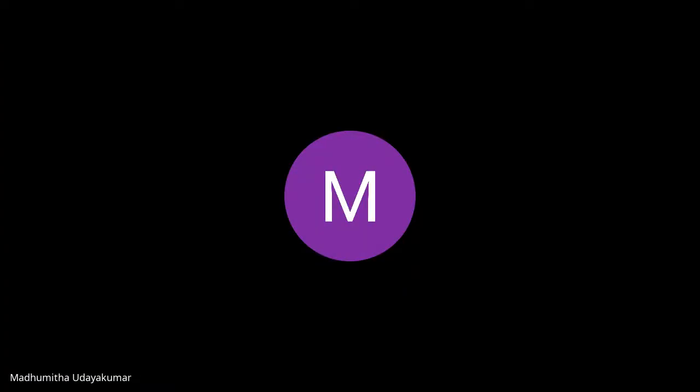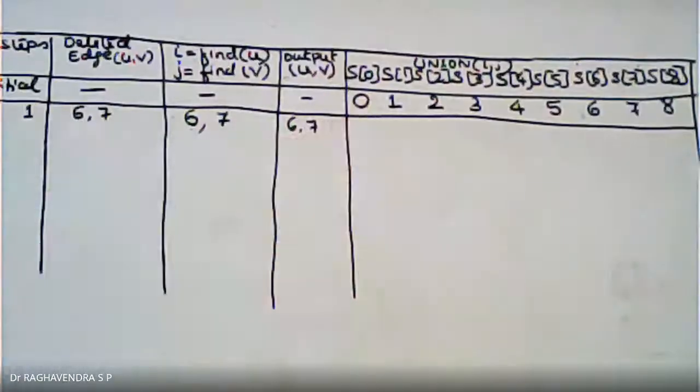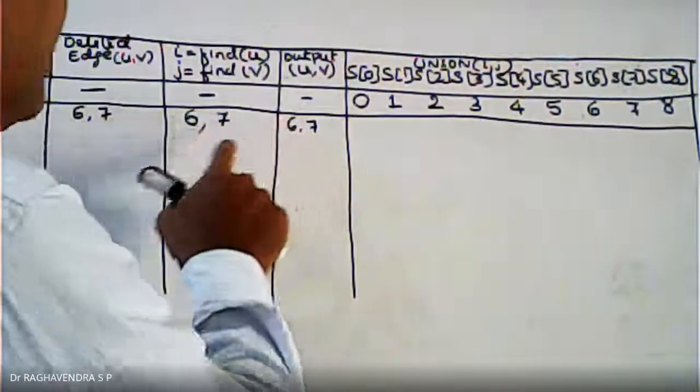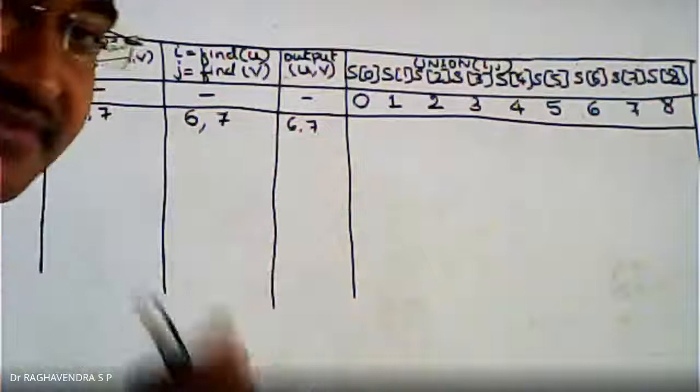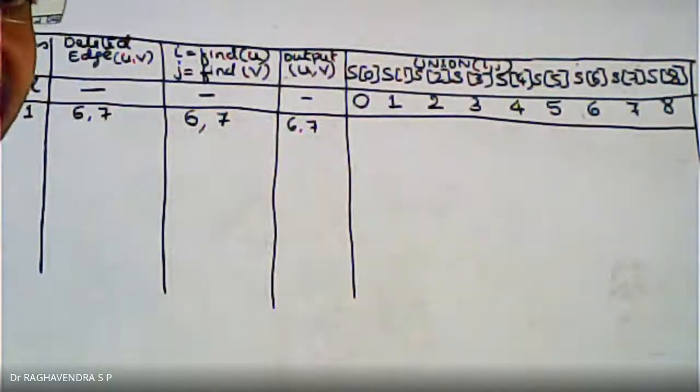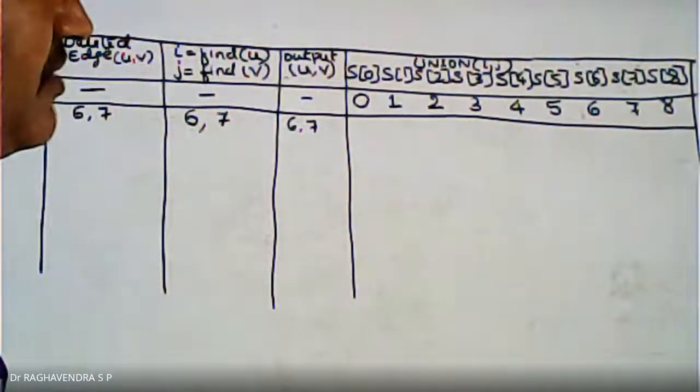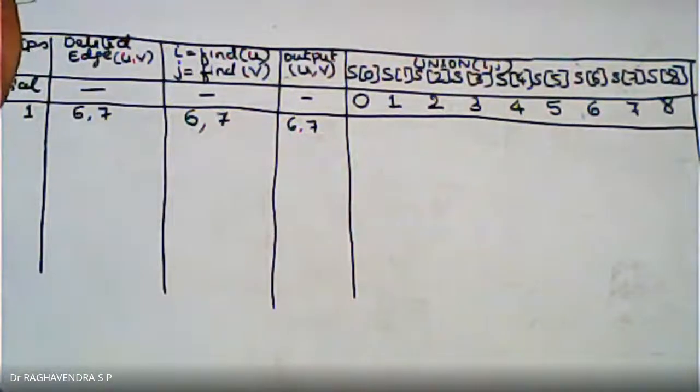Yes, sir. Okay. So union means we have to place the value of the sixth, that is 6, in place of 7. Very good.